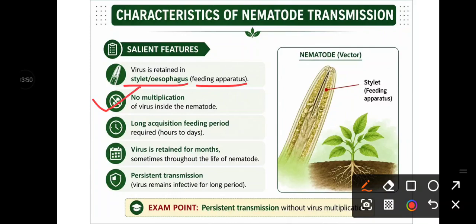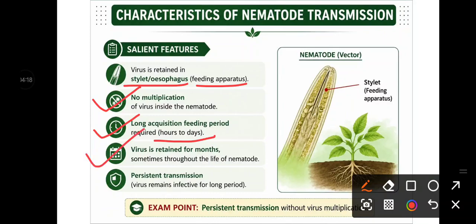Due to some incompatibility, this virus can't multiply inside the nematode vector. Then it requires a long acquisition feeding period, that is hours to days. A few hours to a few days it may take to acquire the particular virus from the infected plant.